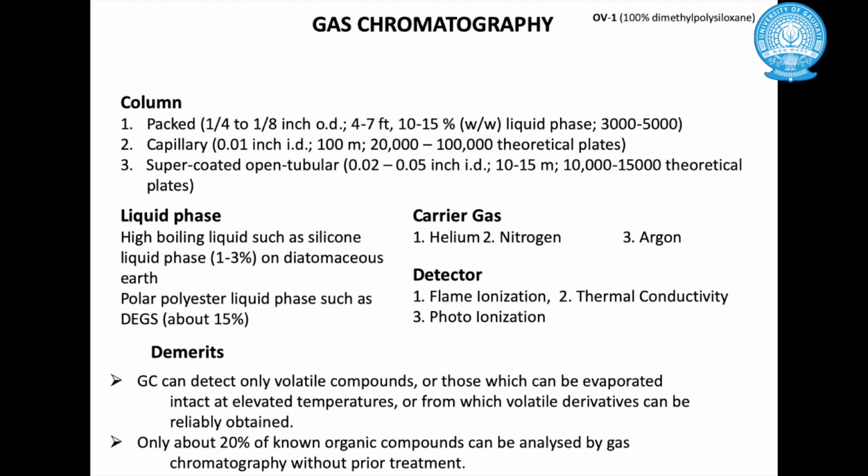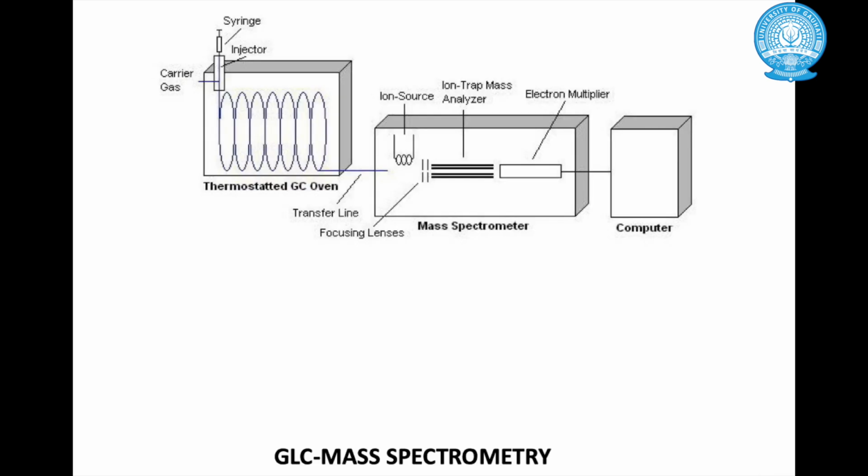Here in GC, when it is coupled with a mass spectrometer, it is called GCMS. In this GCMS, the eluent from the column is directly entering the mass spectrometer chamber. There is no ionization before entering the mass spectrometer.